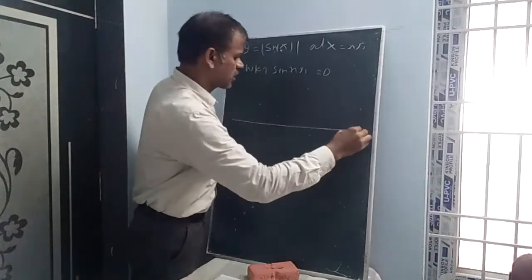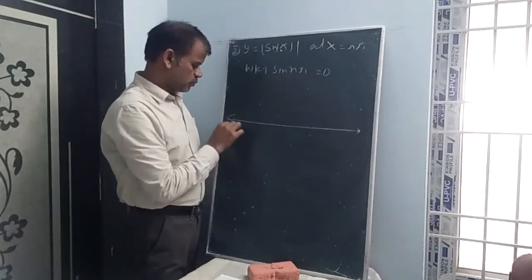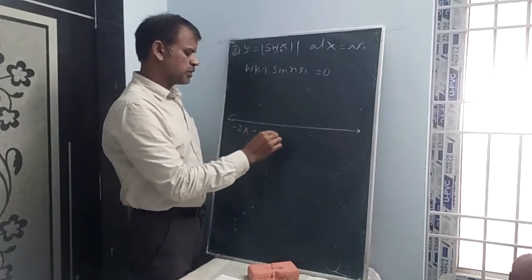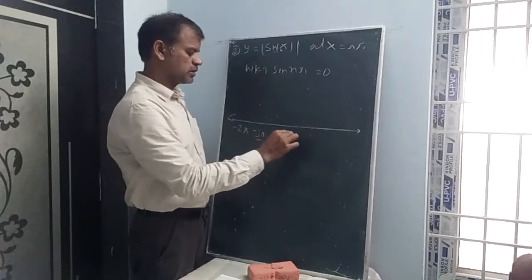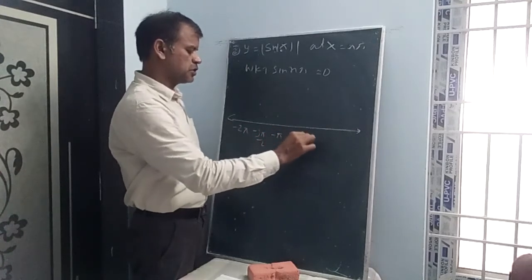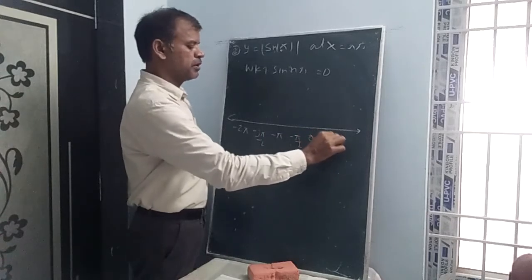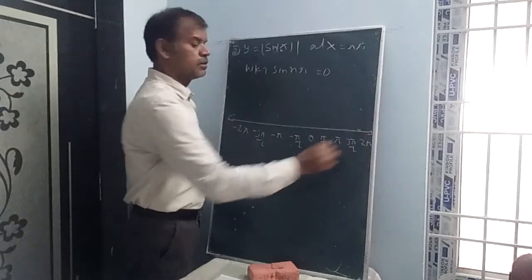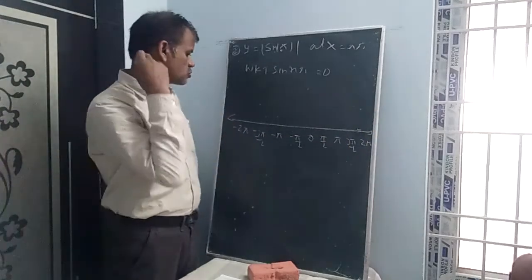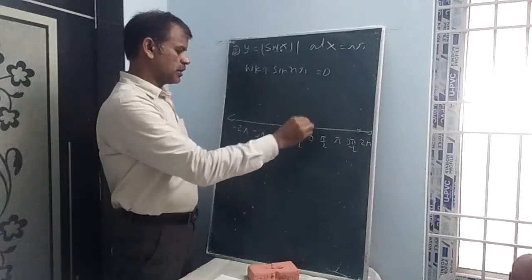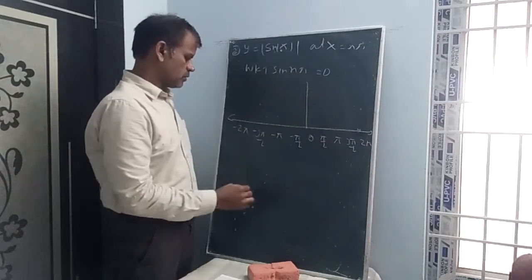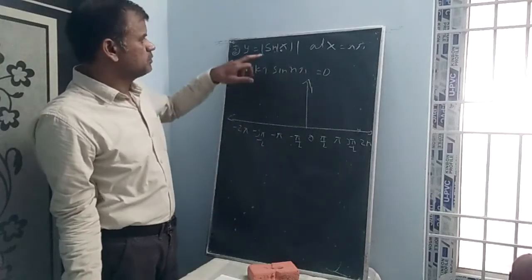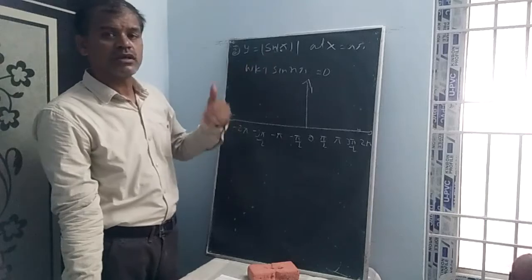If you are drawing the curve, put here minus 2 pi, minus 3 pi by 2, minus pi, minus pi by 2, 0, pi by 2, pi, 3 pi by 2, 2 pi. Minus 2 pi to 2 pi I am drawing. Put here 0 and 1. We are drawing the curve y is equal to modulus of sine modulus x.